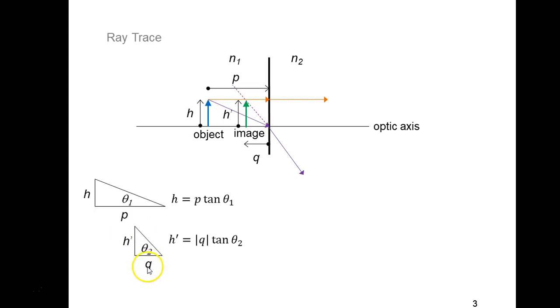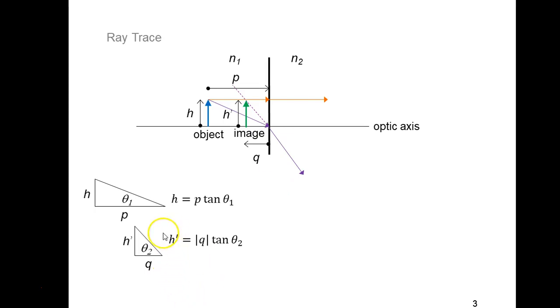This other leg is the image distance Q. And then the angle between the refracted ray, between the dashed line and the optic axis, I'm calling theta 2 in this figure. But I want you guys to notice, the theta 2 between the dashed line and the optic axis is the same angle between the refracted purple ray and the optic axis. That's going to be important because that is the refracted angle theta 2 in Snell's law.